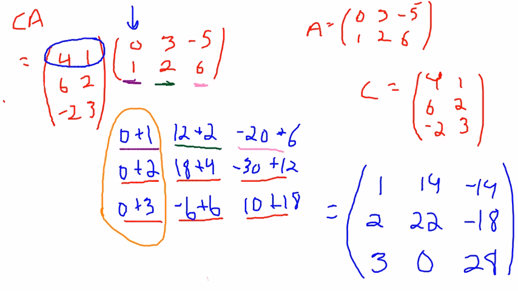So the 0 got rid of the 4, the 6, and the negative 2. That's what all these were, because it was multiplied by 0. And it left me with the 1, 2, 3, which showed up here in my answer. So notice that 0, 1, what it is, it's kind of like a set of instructions to just copy that 1, 2, 3, which is kind of cool.